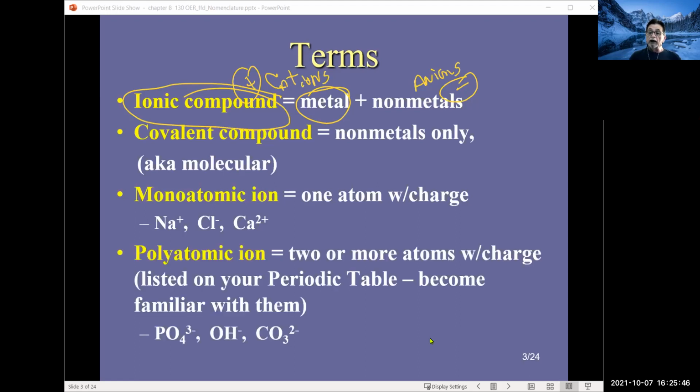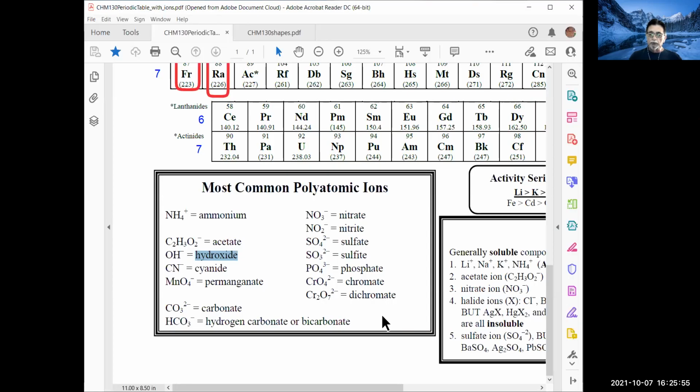But we also have polyatomic ions. Which ones am I talking about? Well, go to the periodic table. Notice on the far left corner we have a table labeled most common polyatomic ions. The majority of these are covalent compounds, but they're bonded together such that overall they have a net charge, which makes them ions.